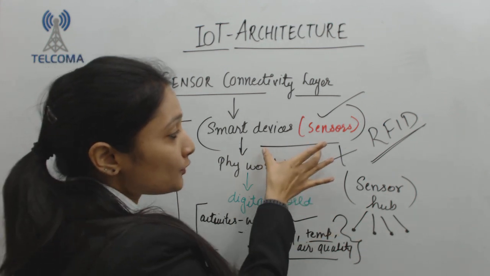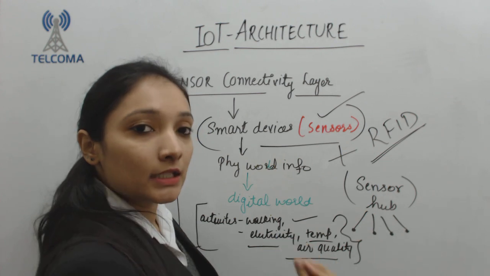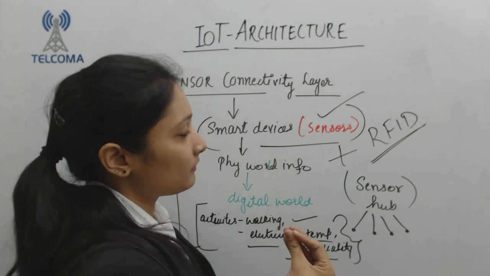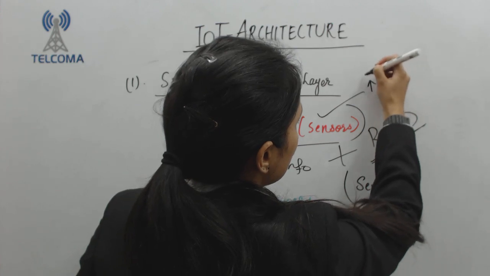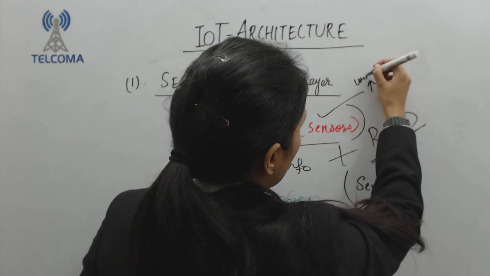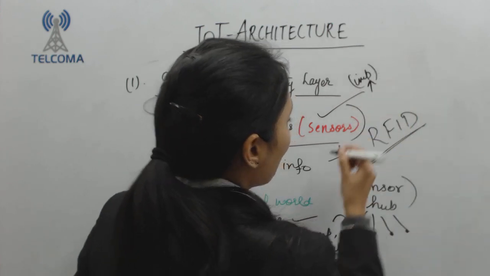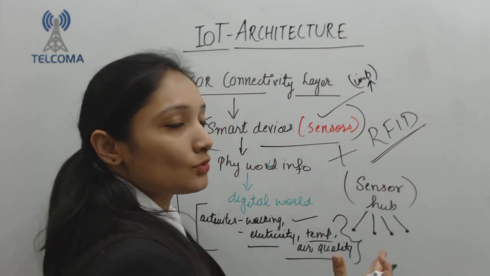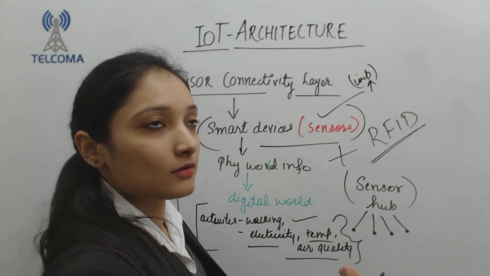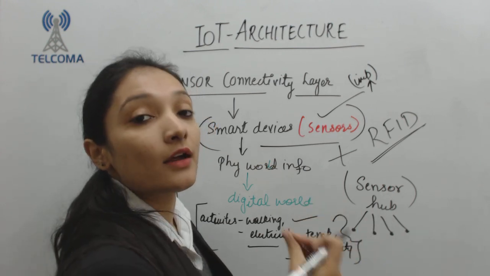Most of these sensor devices should be connected to some aggregators. These aggregators are basically referred to as the gateways.